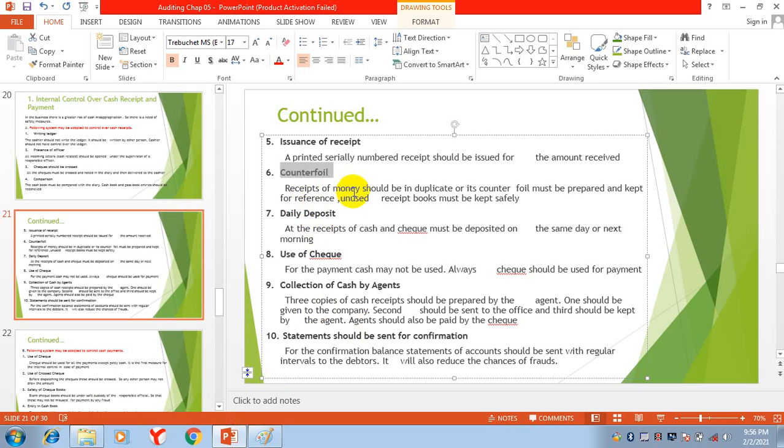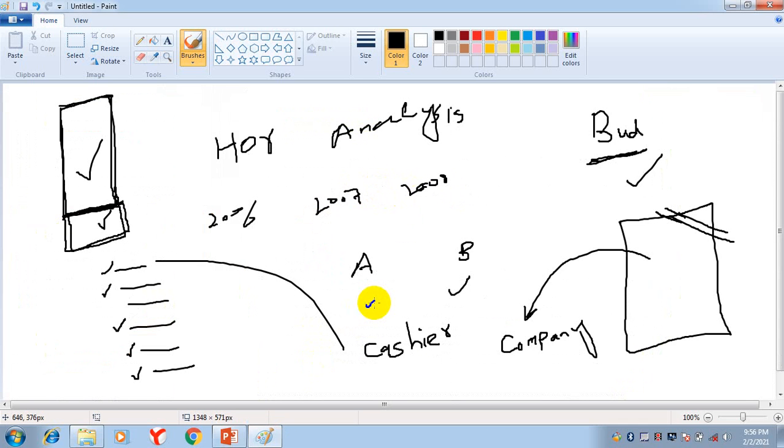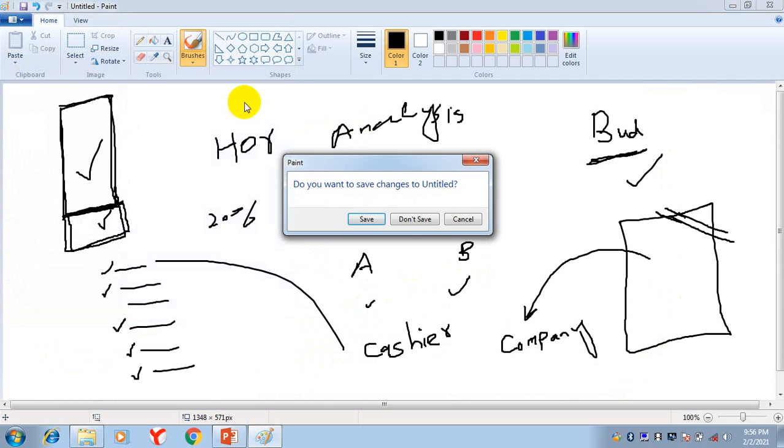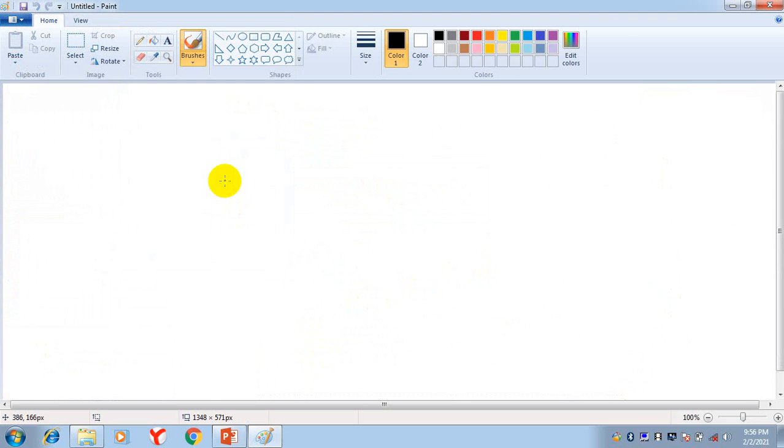Now, receipts of money should be in duplicate. Simply, when you people make a payment at Salam University, you will see that there are three copies. One is a yellow copy that you get, and below that yellow copy there is a carbon copy, and that carbon copy is left with Salam.